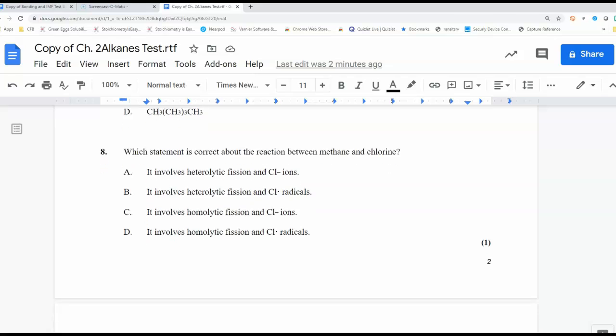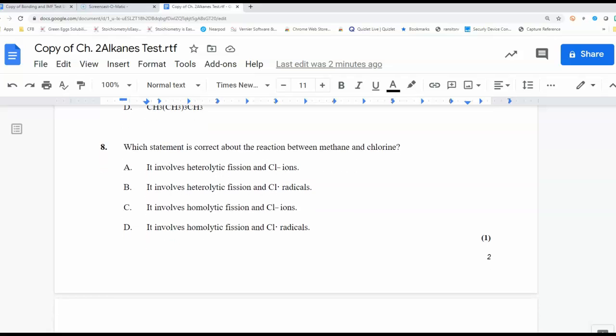All right, there we go. Continuing on. Number 8, which statement is correct about the reaction between methane and chlorine? Okay, so remember, that's where we have to have a free radical substitution going on. So it involves heterolytic fission and Cl minus ions. No, it does not involve Cl minus ions.